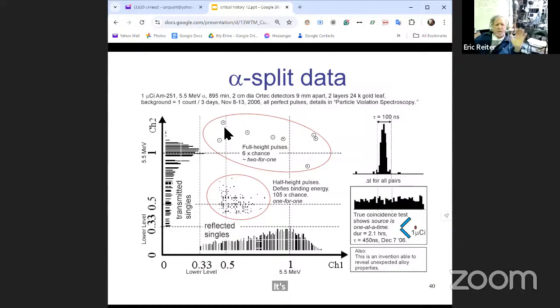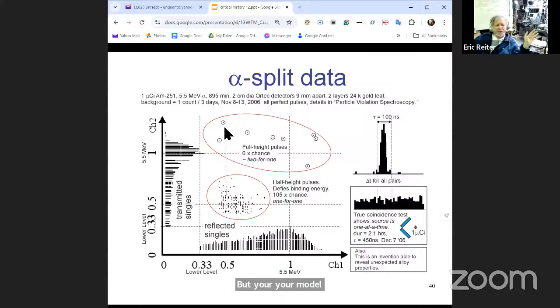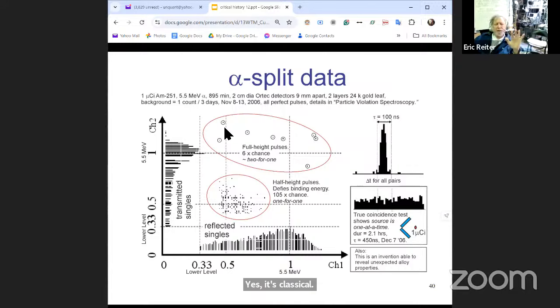You say, okay, let's go back because you see it in the wrong way. But your model is classical, and you cannot say that it is not. No, it's not classical. Yes, it's classical. There are extra properties that I'm pointing out. And if you see those properties, then you can make sense out of the wave properties.